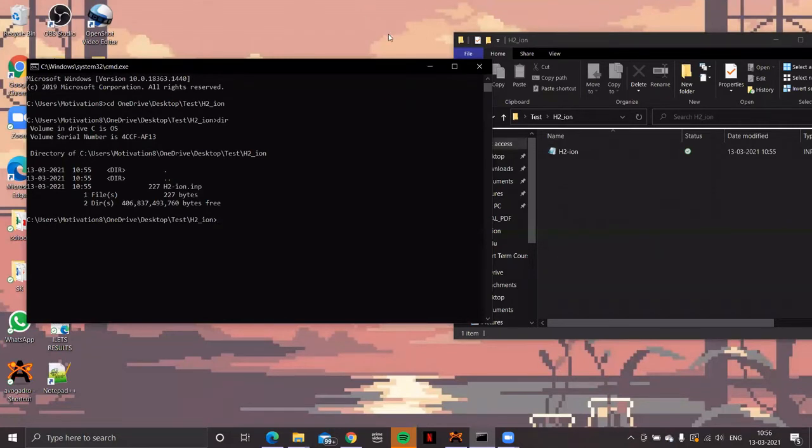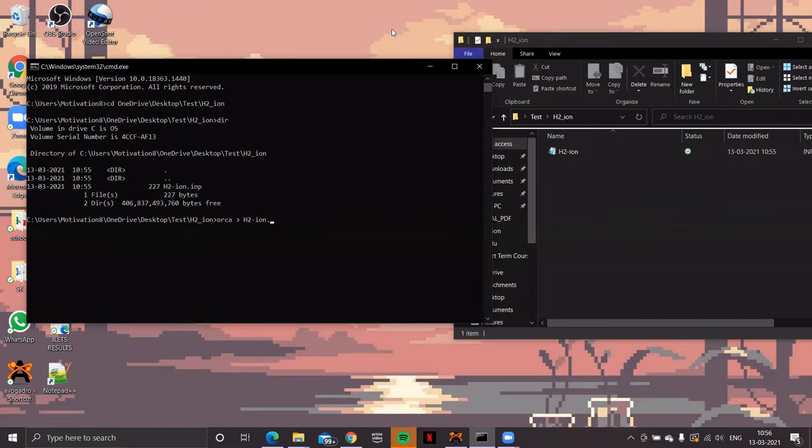What is that command? ORCA, then space, and then the input file name. So simply I type H and then press the tab button, h2-ion.inp space.